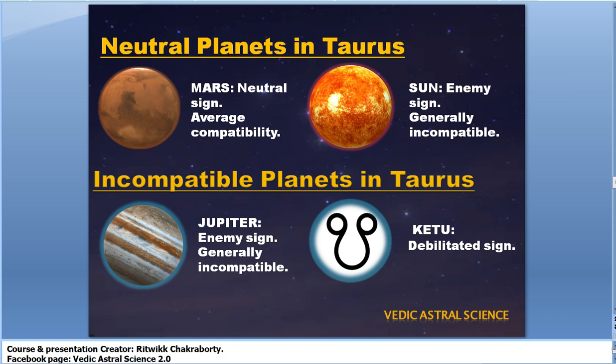There are avasthas, conjunctions, aspects, nakshatras. So there is an endless number of tools available in Vedic astrology, and we can go on applying them and learn astrology from practical experiences. Alright friends, let us conclude the part 2 video on understanding the sign Taurus.